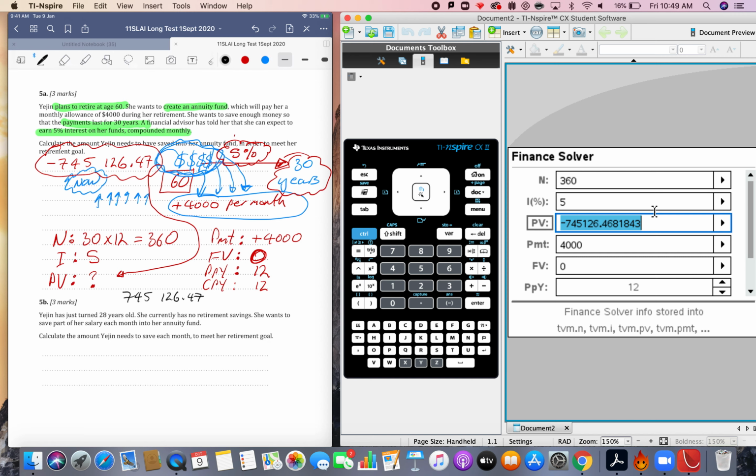Is it dollars? Yeah, dollars. So that big pot of money is $745,126.47. That will last 30 years if we draw down $4,000 per month for 30 years. And don't forget, that big pot of money is actually going to keep earning 5% all the way into the future. Okay.